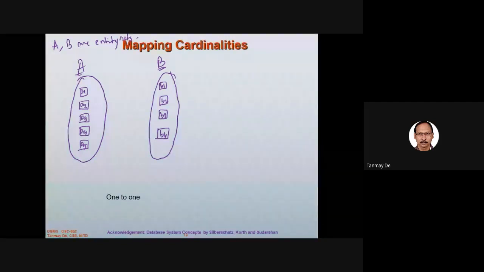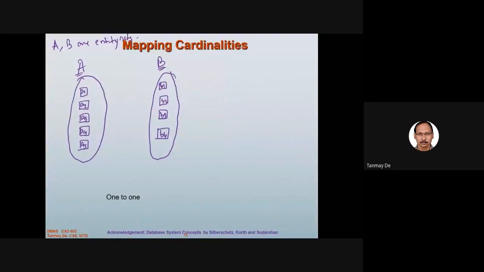Now, in that case, what does one to one mean? Consider the number of entities. Suppose here A1 is associated with say B1.